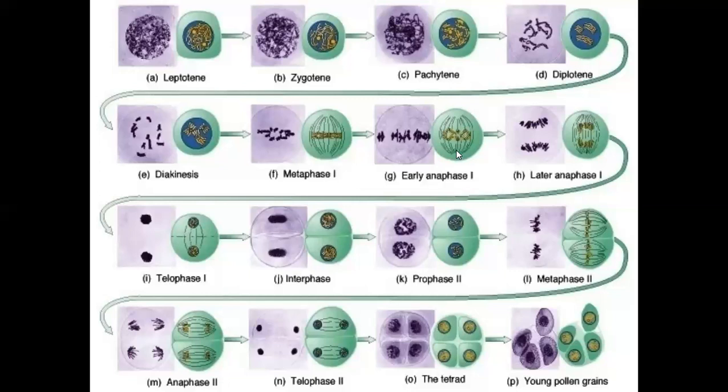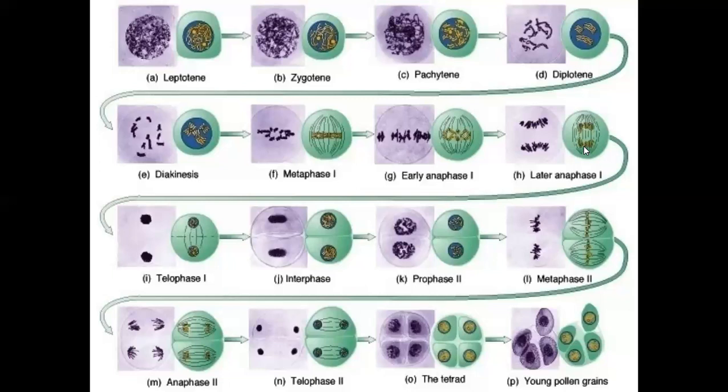The diploid chromosomes are pulled to opposite polar regions, meaning they move from the cell plate to opposite polar regions.